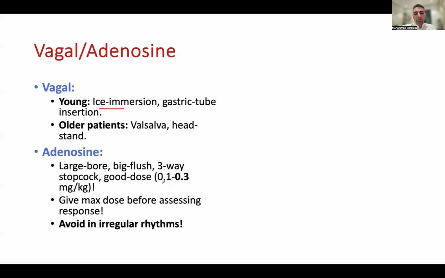I prefer to administer adenosine in a good dose, at least 0.15 to 0.2 per kilo. And then if I don't see an effect, I maximize the dose to be sure of the effect of adenosine before calling it non-responsive to adenosine.